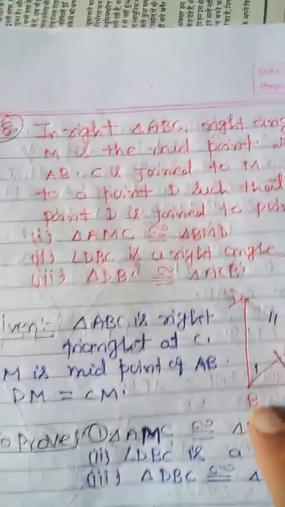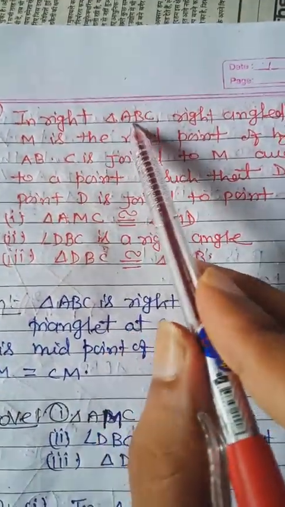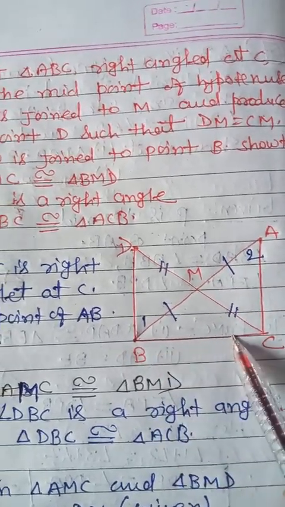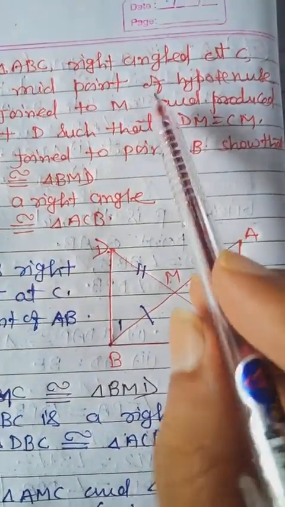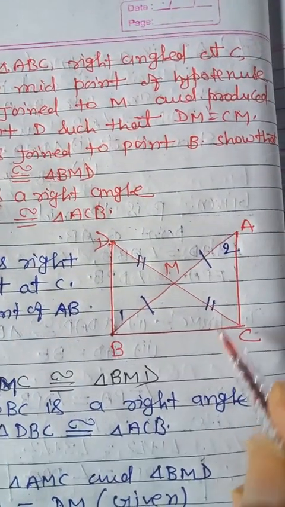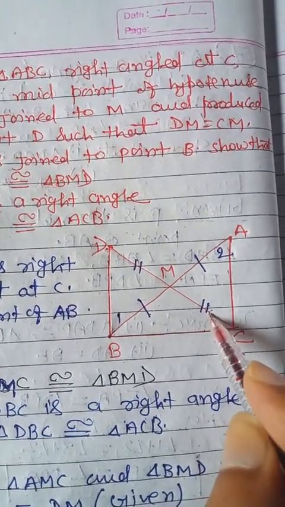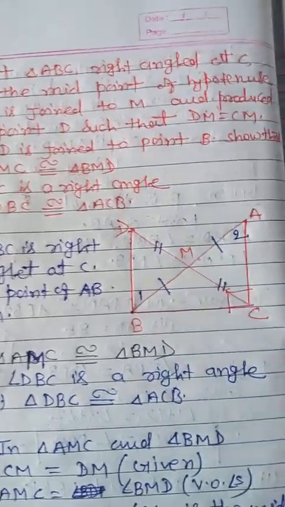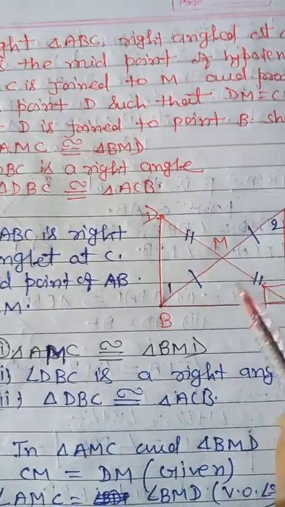Now in question number 8, in right triangle ABC, that means ABC is a right triangle at which point? At point C. That means this one is 90 degrees. Clear? M is the midpoint of hypotenuse AB.